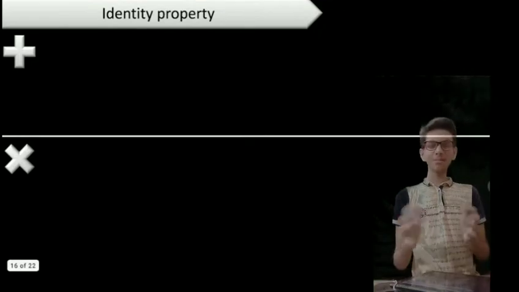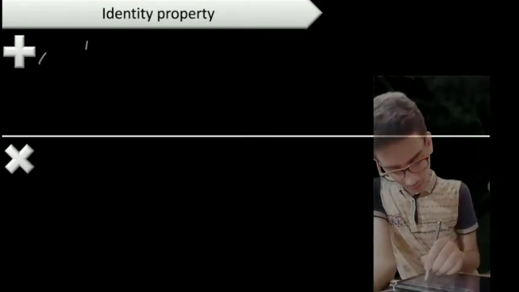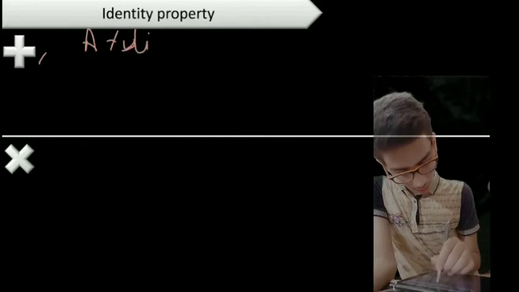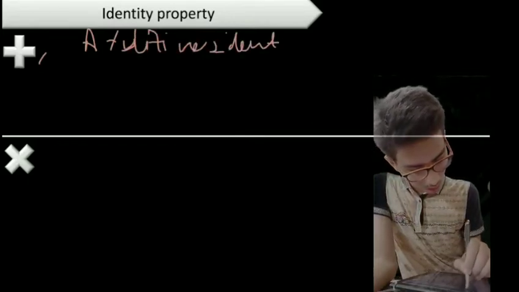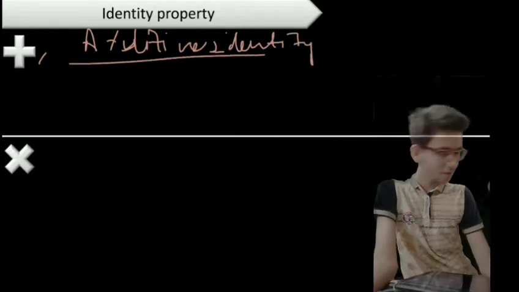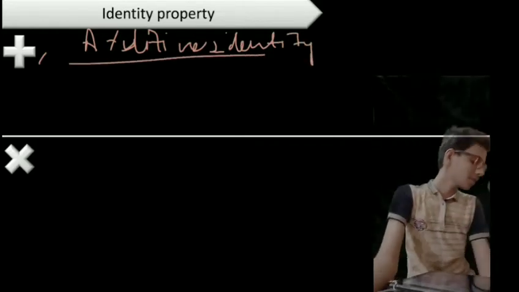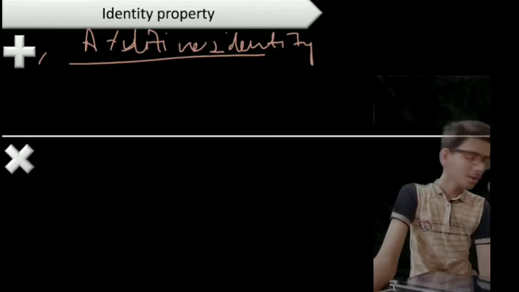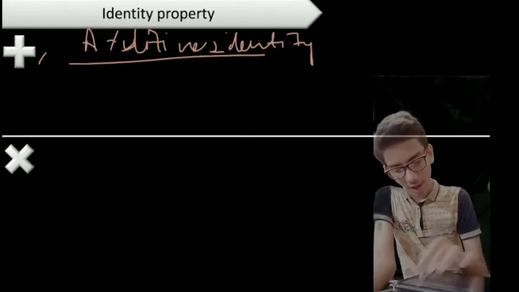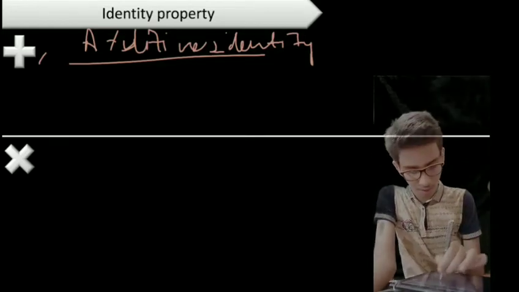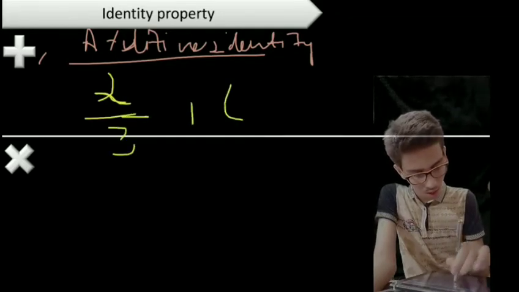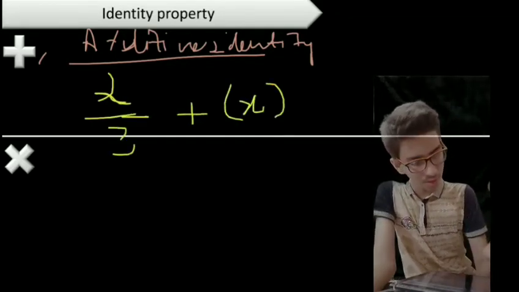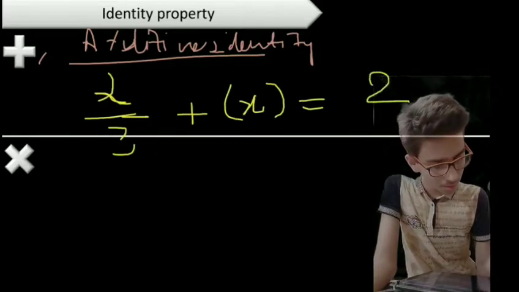Now, identity property, right? Additive identity. What is additive identity? Additive identity says that add such a number to me, let it be x, such that you get the same number as the answer.